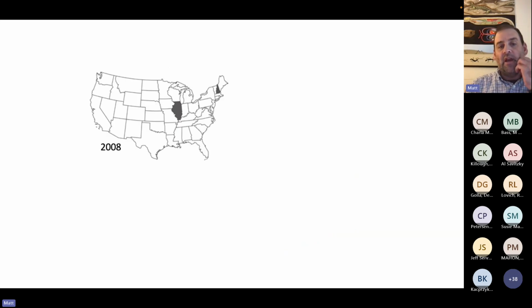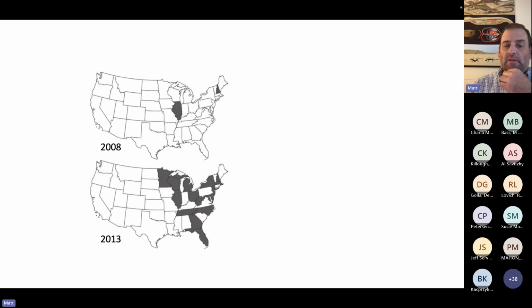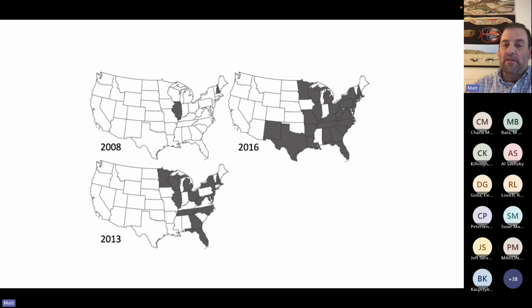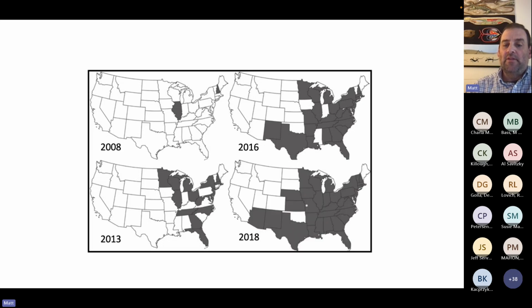So this has progressed over time. In 2008, it was really just found in Illinois and New Hampshire, and this was largely because of sampling bias. Then by 2013, it had expanded to detection across a lot of Eastern North America. In 2016, it's starting to go south and towards the southwest. By 2018, it's pretty much everywhere we've been looking.